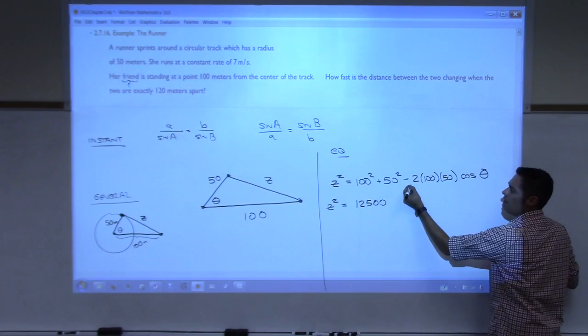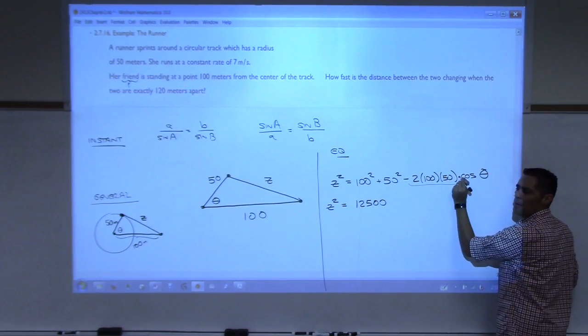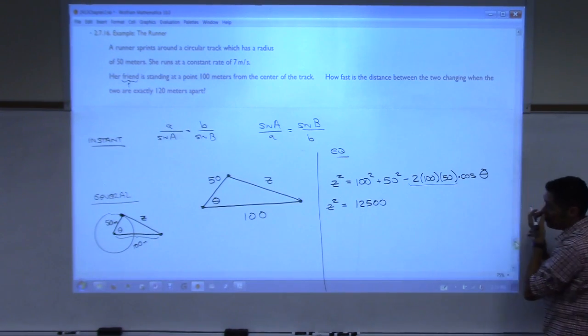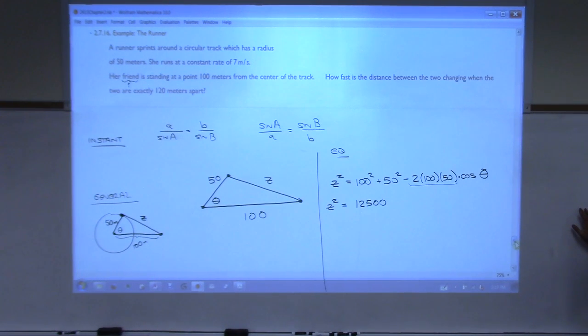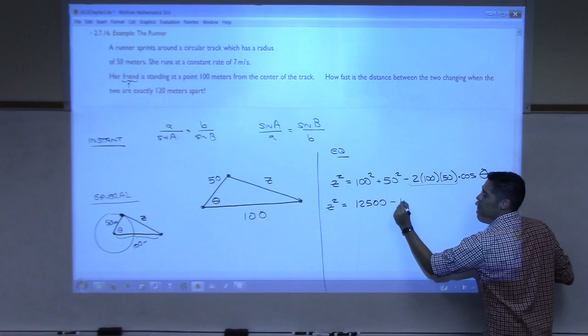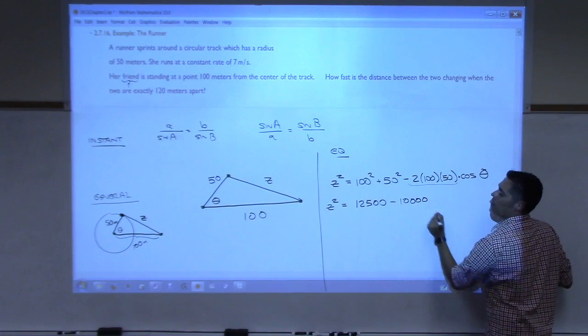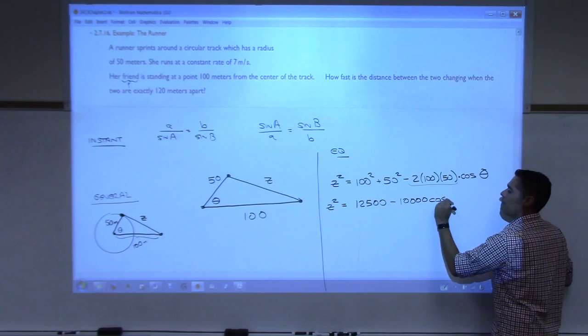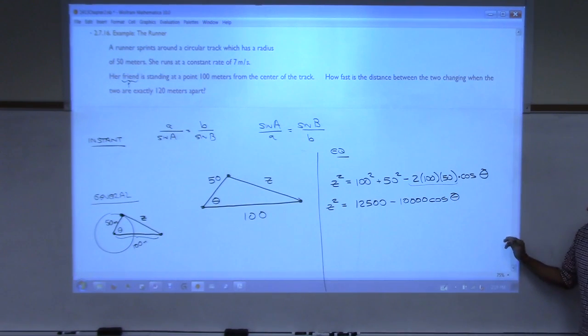Now these are attached to that cosine with multiplication, so I'm just going to figure out what that is. Minus 10,000 cosine theta. Just cleaning things up right now. I'm happy with that formula. I think that's ready to be differentiated.